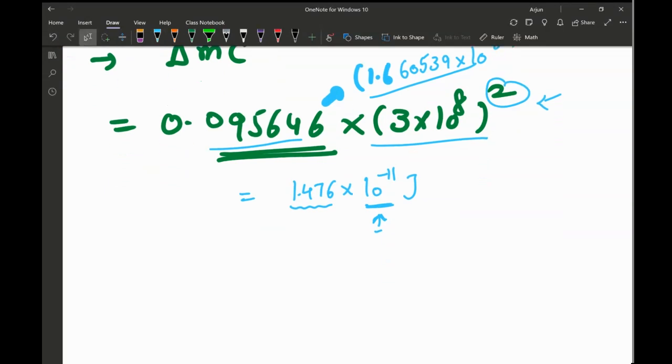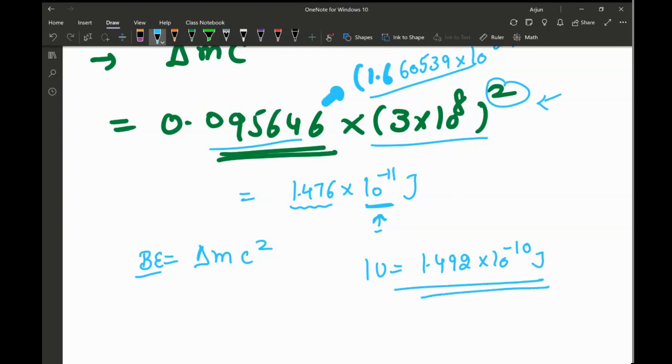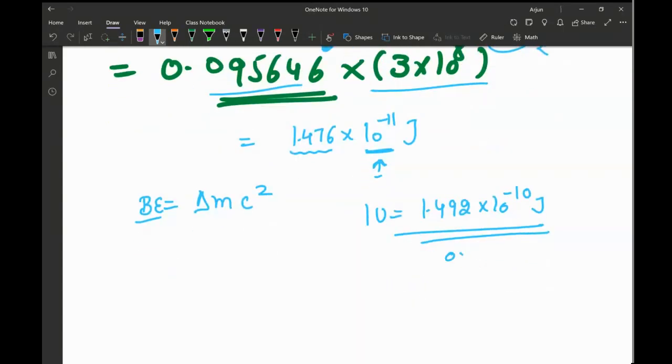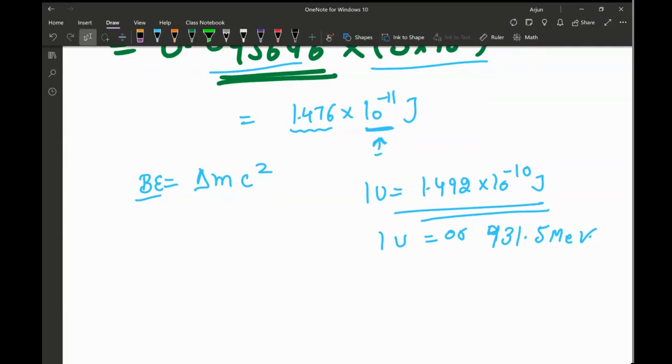Other way, if you don't want to follow this, you can write delta M C square, binding energy, and 1 U produces 1.492 times 10 raised to the power negative 10 joules. You can note it down on your formula booklet if you want to, or you can write it as equal to 931.5 MeV, mega electron volt. 1 U equal to this much, and you can apply any process to get your answer.